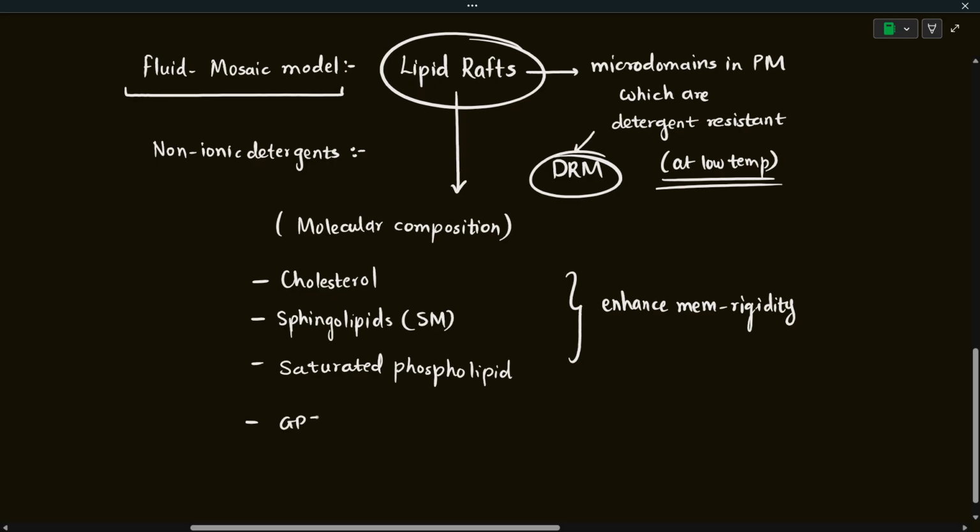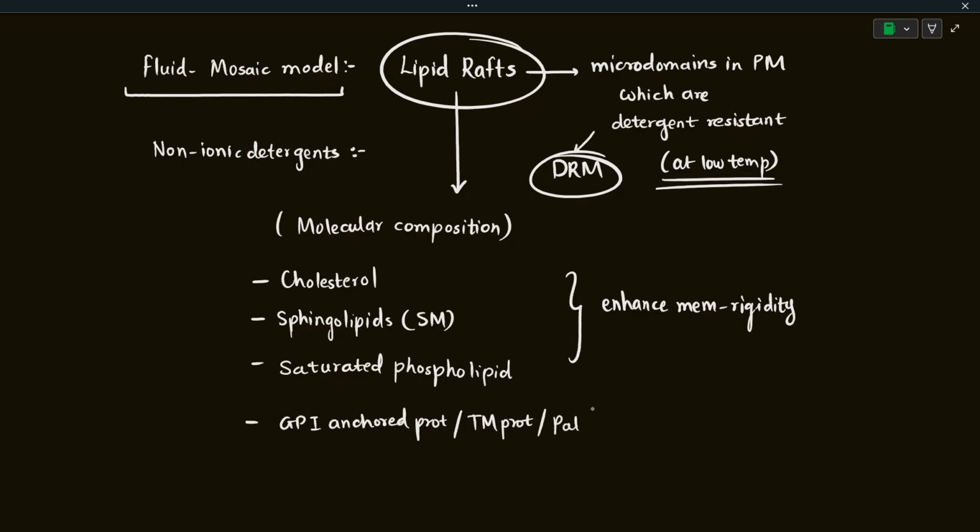So let me just list them down here. GPI anchored proteins are there in lipid rafts. Then there are certain transmembrane proteins, and there are palmitoylated proteins. Those are the ones present in the lipid rafts.